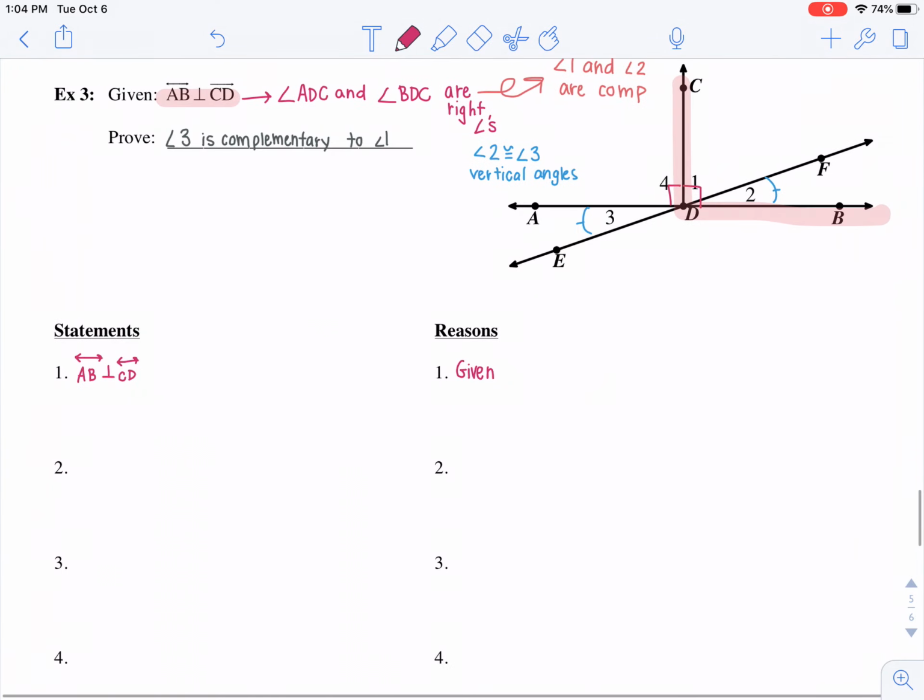Now I want you to pause and think. What's the next thing I need to prove here? Okay, well, we can say that angle CBD is a right angle.